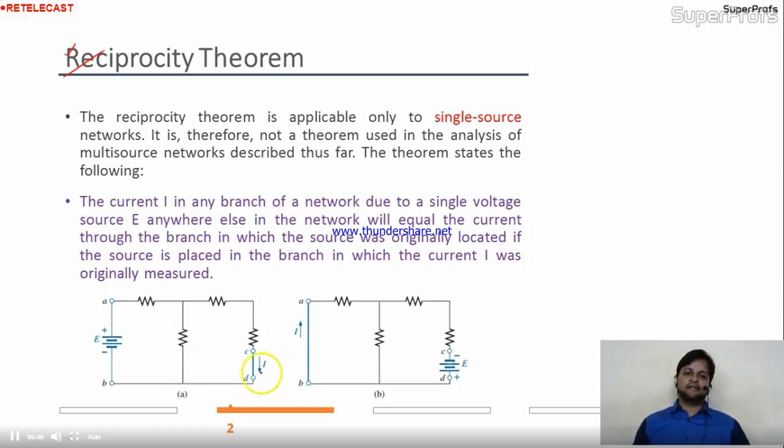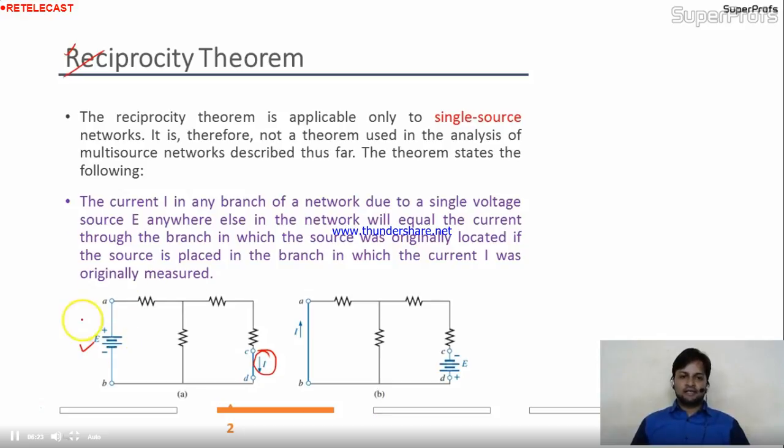According to the statement, the current I in any branch of the network due to a single voltage source E anywhere else in the network, this E may be here, anywhere, will equal the current through the branch in which the source was originally located if the source is placed in the branch in which the current I was originally measured. See what he is saying.